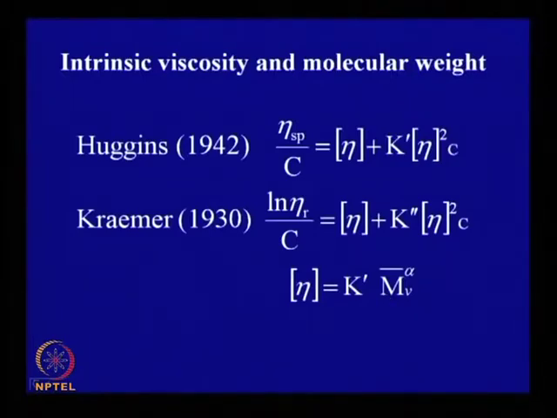Then in that case you have these M V bar values, then you measure the intrinsic viscosity of that polymer sample. From there you can calculate this k prime and alpha. So, this way k prime and alpha values have been evaluated for one polymer-solvent system.